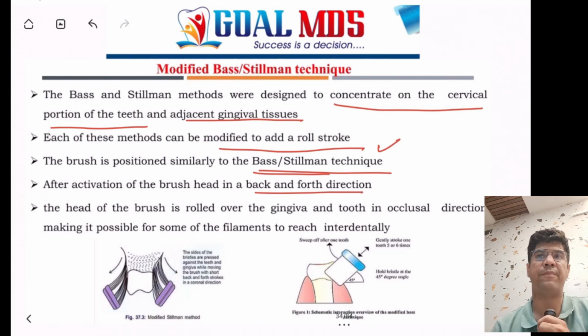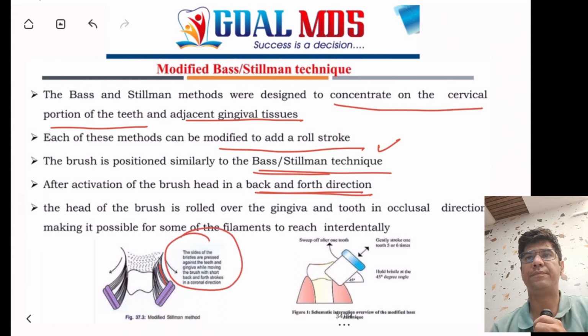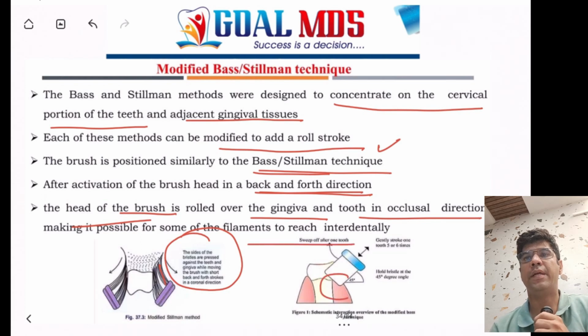After activation of the brush, the head is moved in a back and forth direction. The head of the brush is rolled over gingiva and tooth in an occlusal direction, making it possible for the filaments to reach intergingivally.